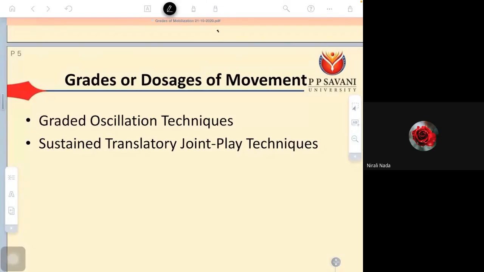Clear? So there are 2 techniques. One is graded oscillatory technique and second is sustained translatory joint play technique. There are 2 techniques. Clear?